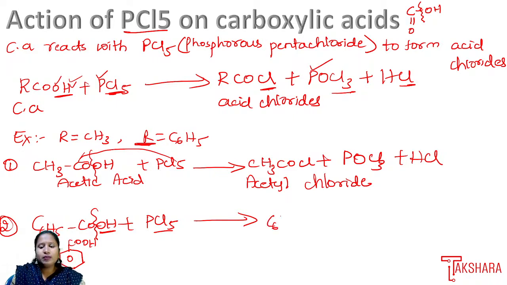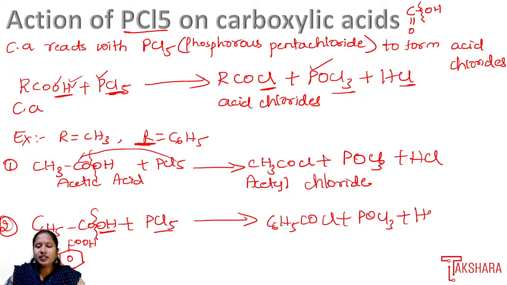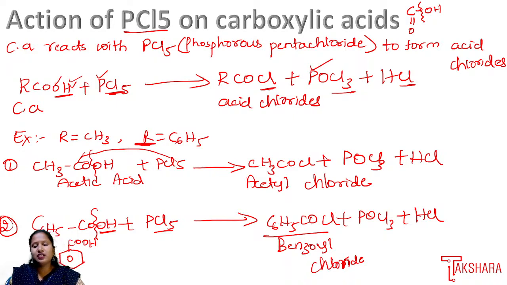The product we get is C6H5CO, one Cl comes, and again POCl3 is going to form and HCl. So now C6H5COCl is what? Benzoyl chloride. So this is how the cleavage of the CO and OH bond takes place in carboxylic acids.